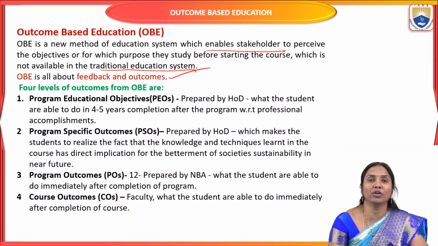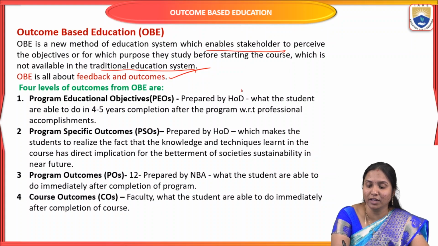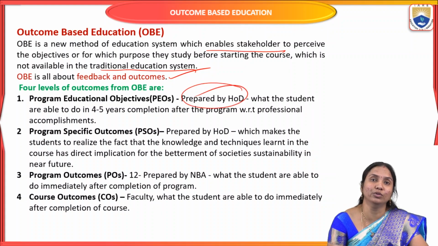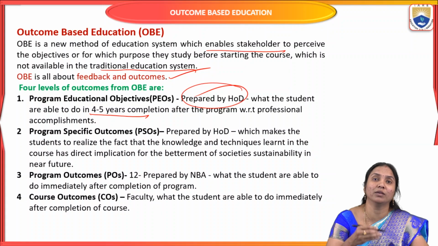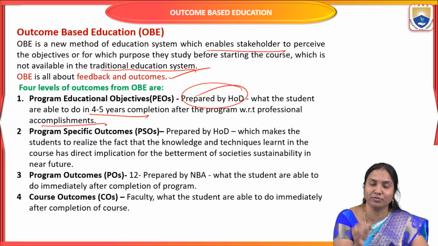So what is the meaning of program educational objectives? Generally, program educational objectives are prepared by the HOD. They describe what the students are able to do 4 to 5 years after completion of the program. For example, we completed a BTech program; after 4 to 5 years, what the students are able to do with respect to professional accomplishment.